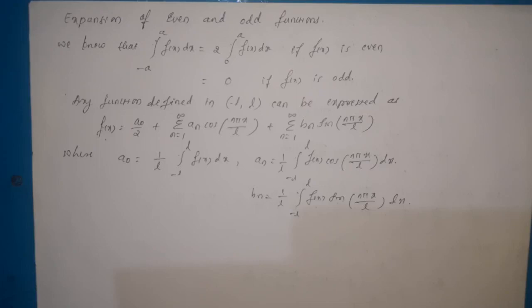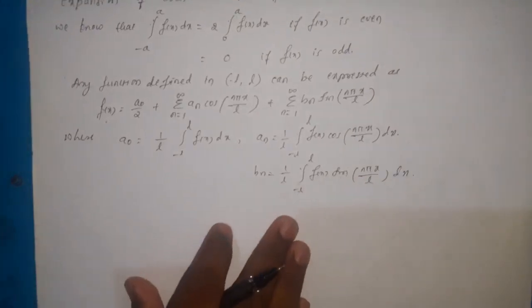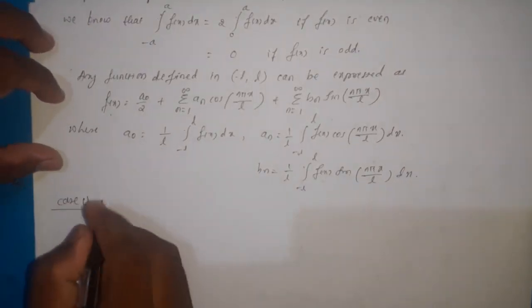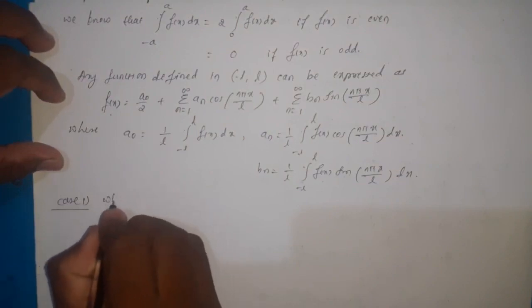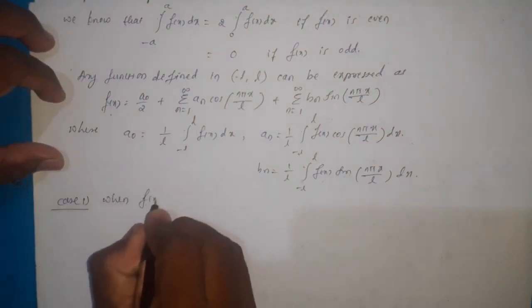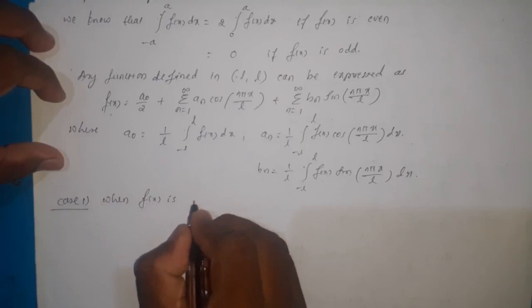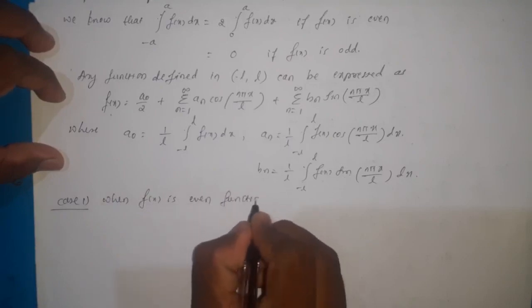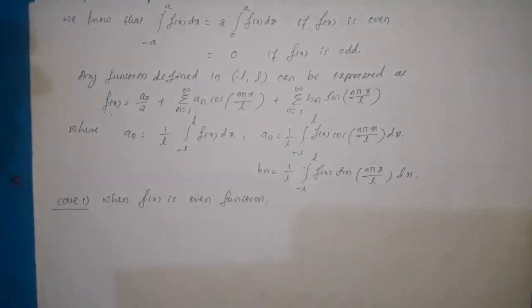Now here we have two types of functions, one is even function and one is odd function. So here we are having two cases. So let us start with case 1, when f of x is even function. So if the function is even, then how to expand the Fourier series?